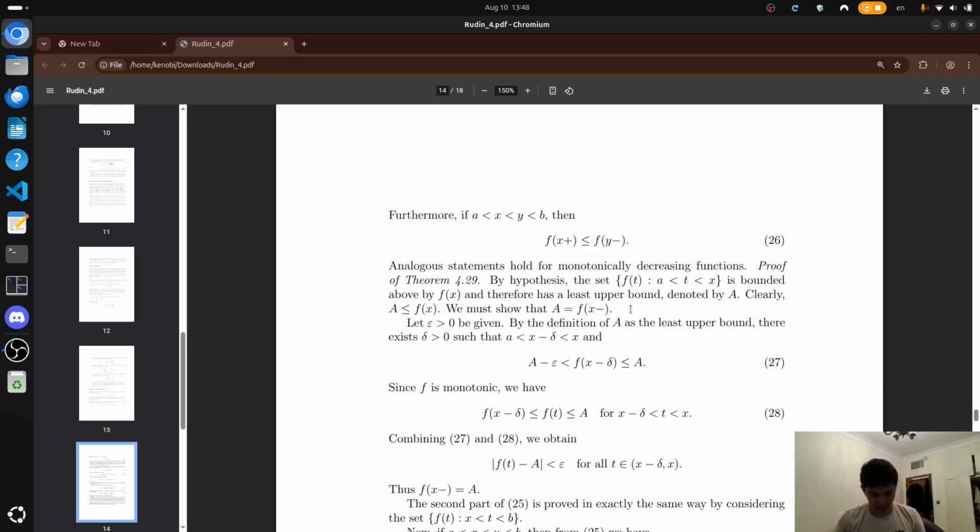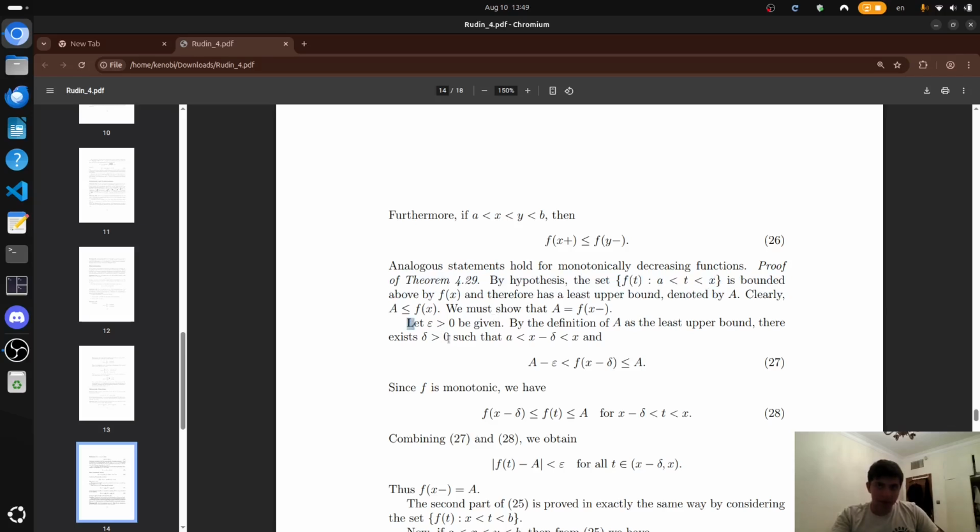Yeah, so A is less than or equal to f(x) because f(x) is the largest value here, and since it's the largest value, if you take the least upper bound, it's going to be less than or equal to this upper bound, because f(x) might be bigger than that lowest upper bound, right?